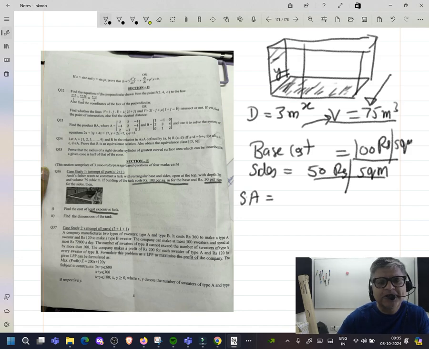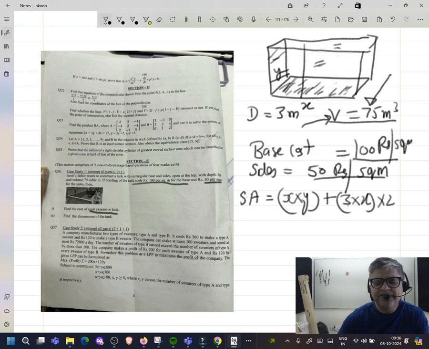So at the bottom, I will have a sheet which is X into Y. And if I look at the standing sheets, one is this and the one behind this, the area is going to be 3 into X, and two sheets are there, so into 2. Where did I get 3 from? I got 3 from the height, right?